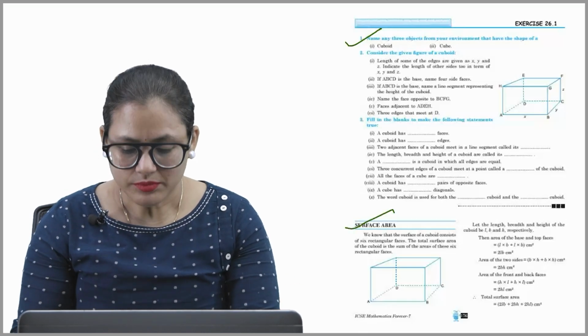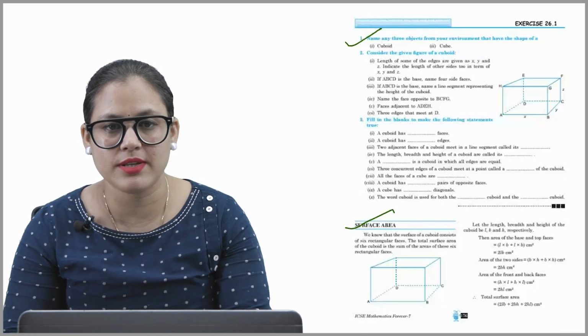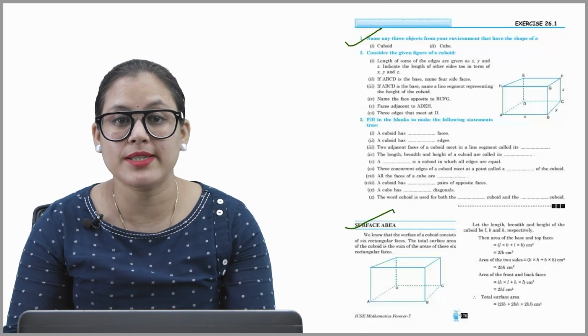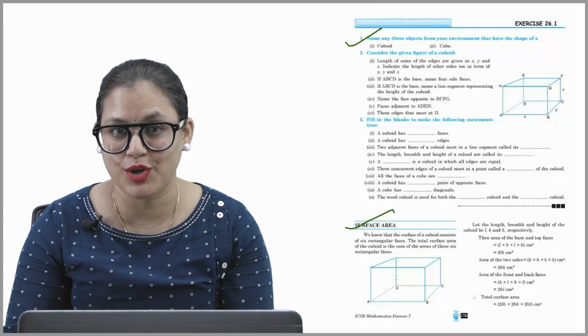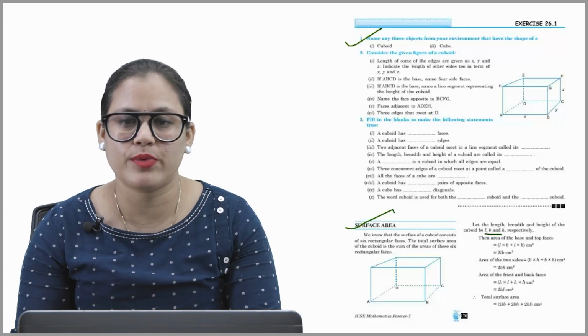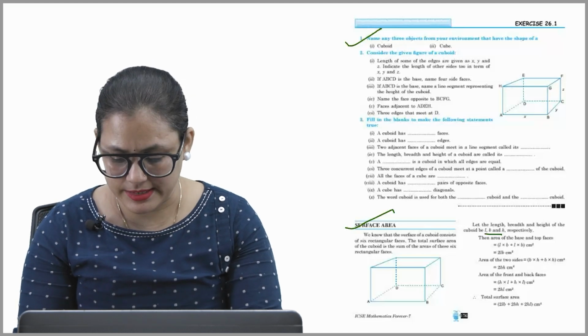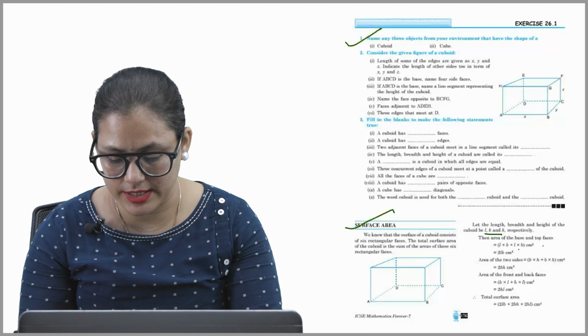Surface area. We know that the surface of a cuboid consists of 6 rectangular faces. The total surface area of the cuboid is the sum of the areas of these 6 rectangular faces. Let the length, breadth and height of the cuboid be L, B and H respectively. Then the area of the base and top faces, L into B plus L into B, that is 2LB.